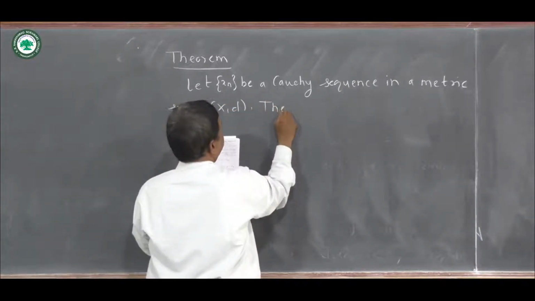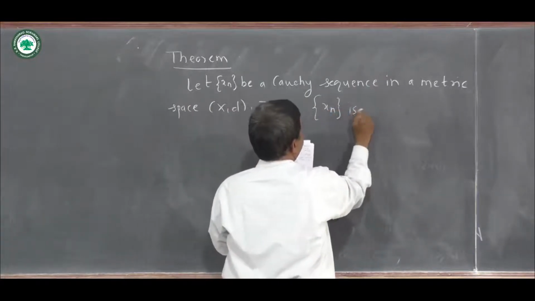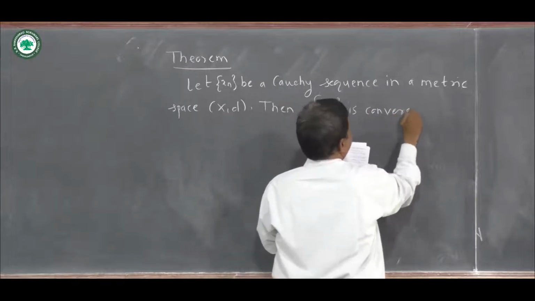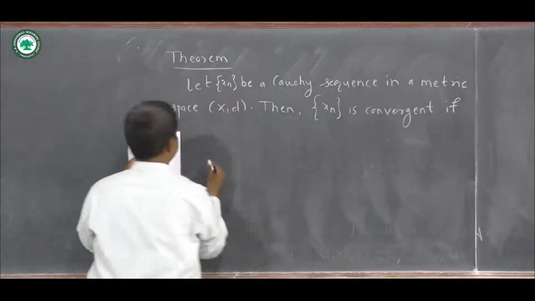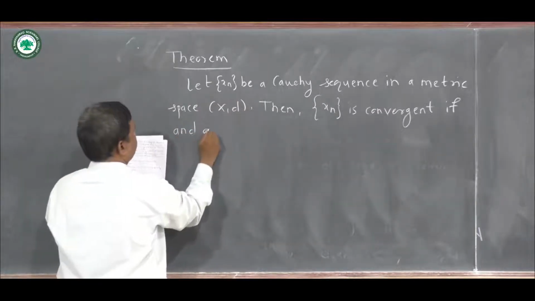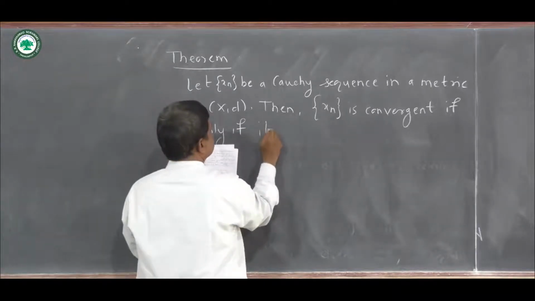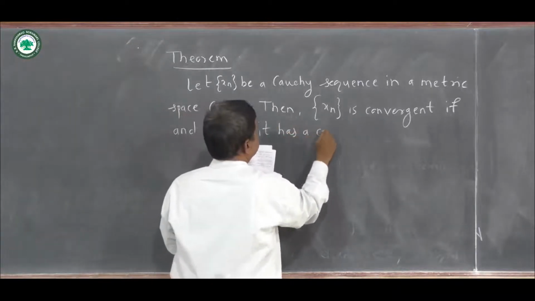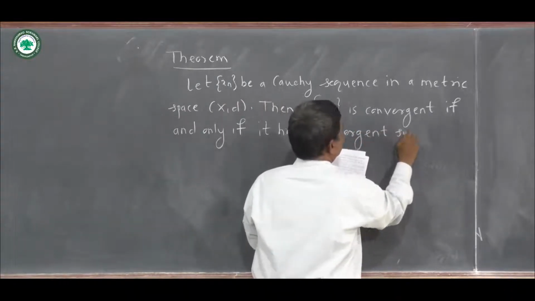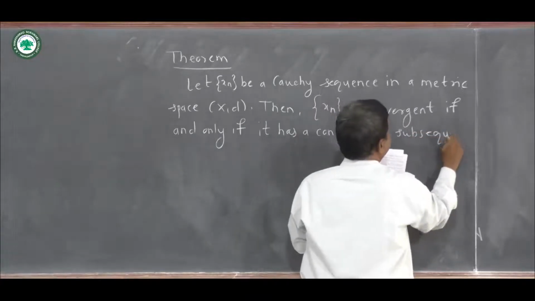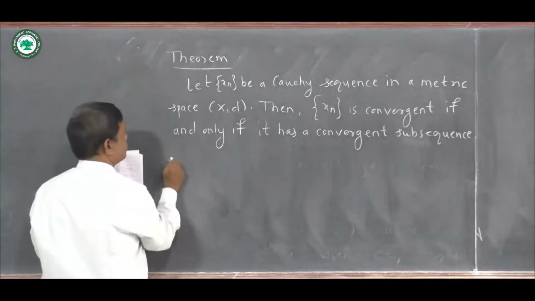Then the sequence xn is convergent if and only if it has a convergent subsequence.